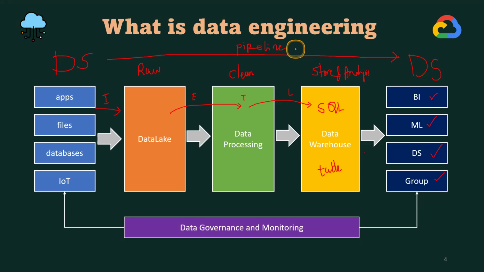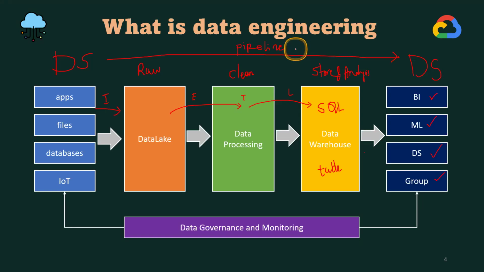Usually these are called data pipelines, because data engineers are very lazy and we wanted to automate the process. We don't want to do things manually. Okay, manual things take a lot of time, a lot of effort, a lot of money. So that's the reason we create a pipeline which should be monitored all the time also.